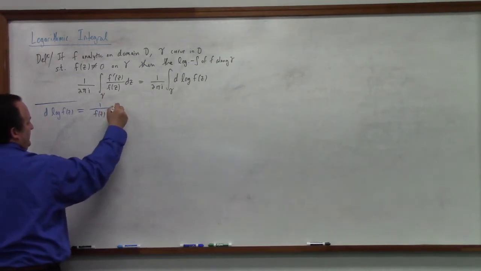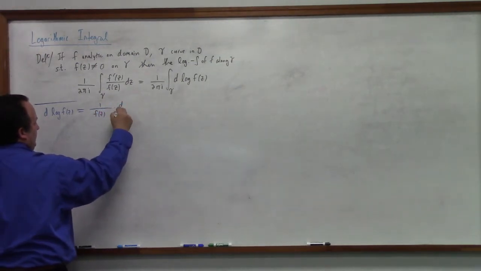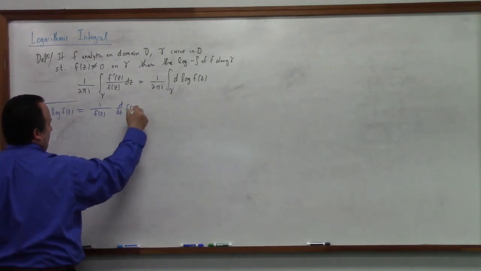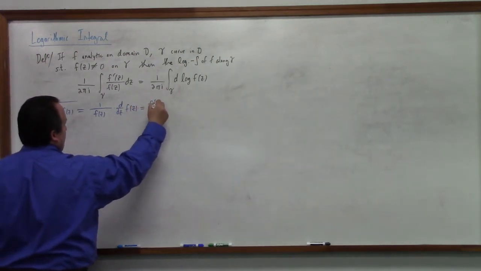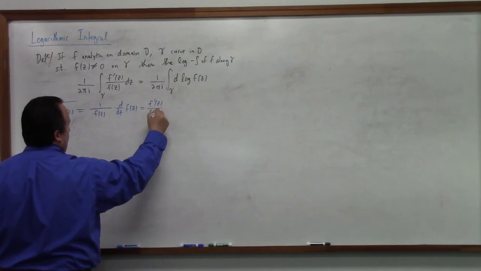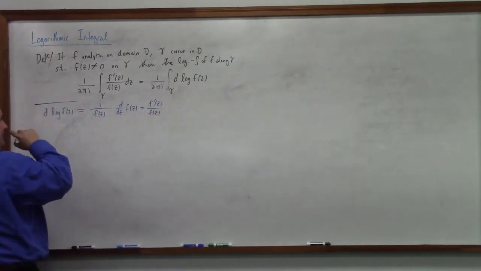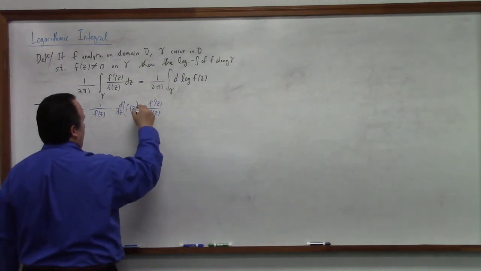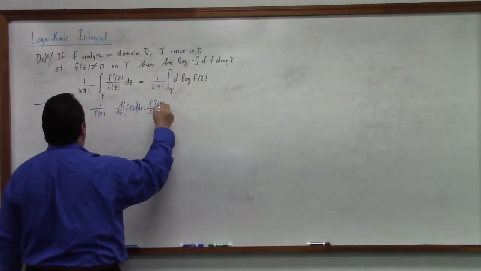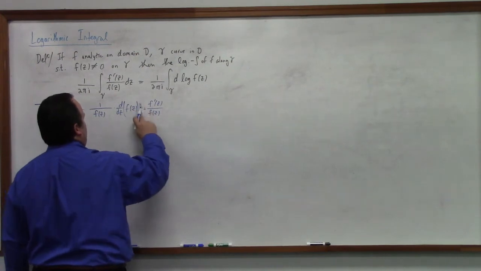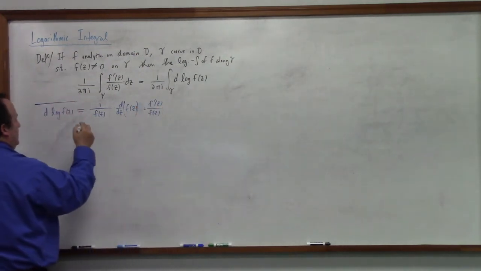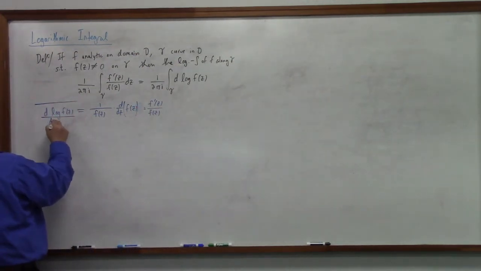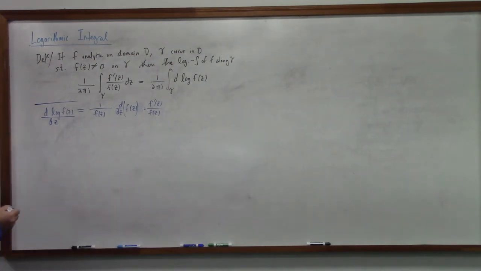But then the chain rule says times d/dz of f of z, which of course is f prime of z over f of z. And the differential, I lost my dz, sorry about that. Let me write it this way. This dz, there we go. Now it's legit. And then you multiply dz to the other side, and you got it. Okay. So anyway, it's the differential.